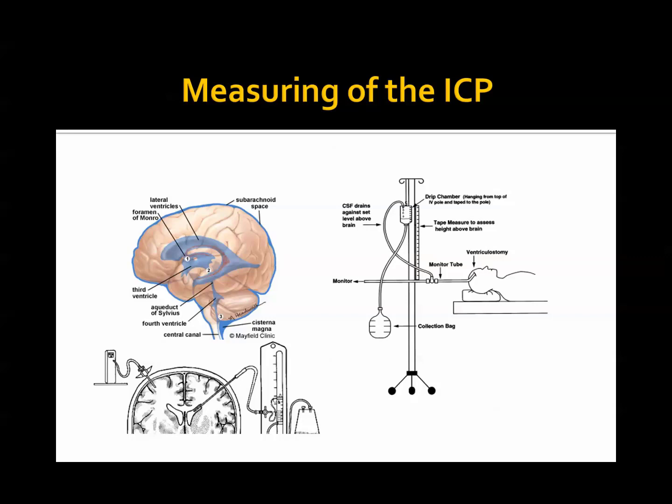So really important to remember the level at which you are going to place that bag. So again, foramen of Monro. And that's called a ventriculostomy. So this is direct drainage of the CSF.